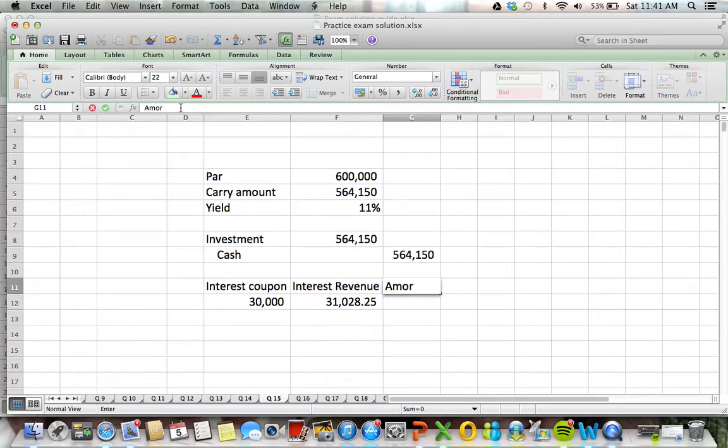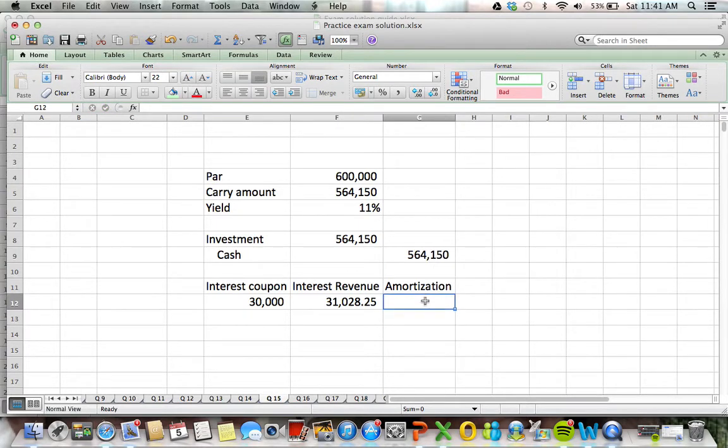So what's the amortization going to be? Interest revenue is a little bit more than the interest coupon, right? Because we paid 564,150, but par is 600,000. They're going to give us back 600,000, and we only paid 564,150.